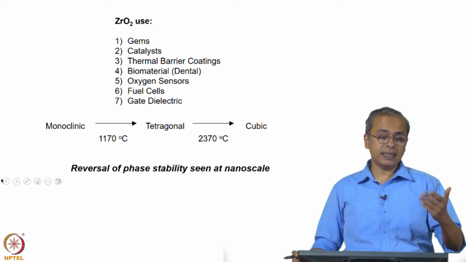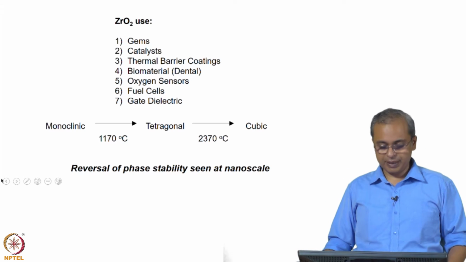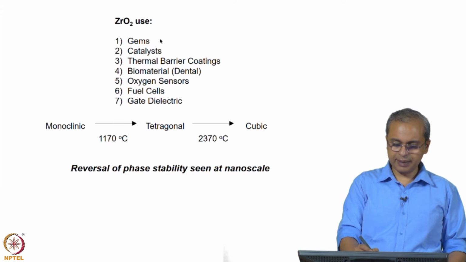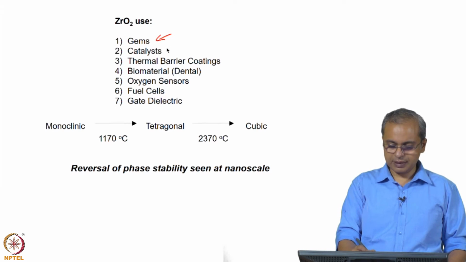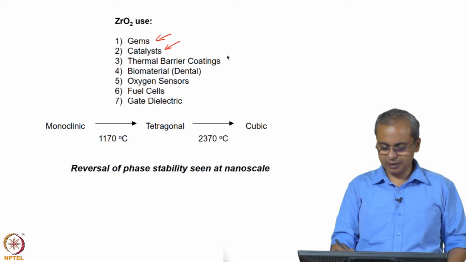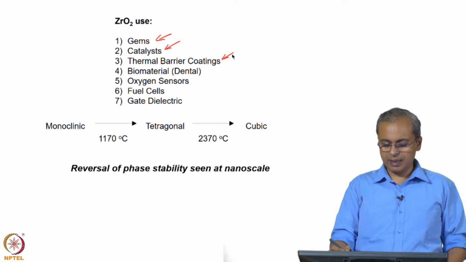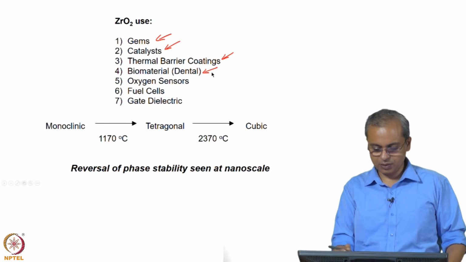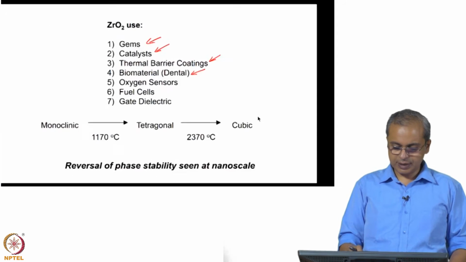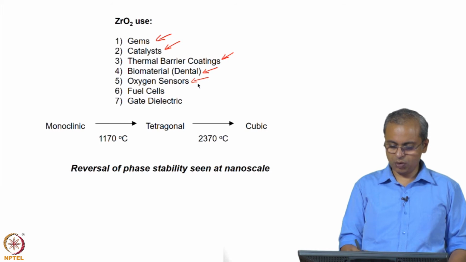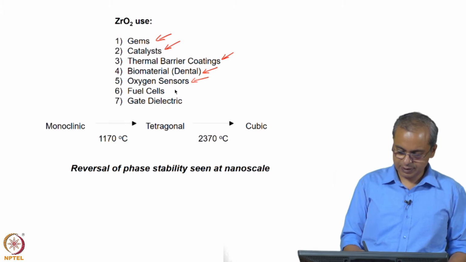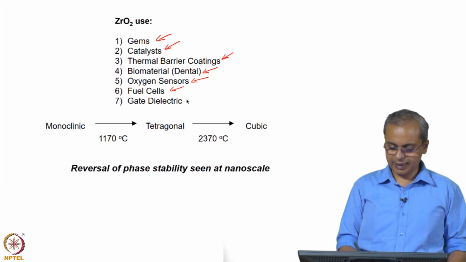So, we see again that zirconia seems to be some kind of a wonder material. It is getting used for all these things. It is used as a gem, it is used as a catalyst, it is used for thermal barrier coatings, biomaterial applications, dental applications so to speak, oxygen sensors in automobiles, similar concept being used in fuel cells, and as a gate dielectric.